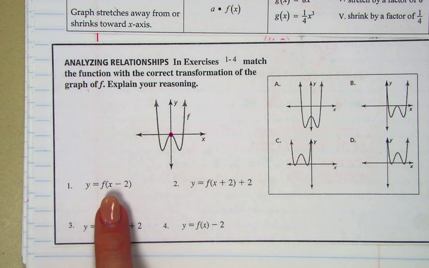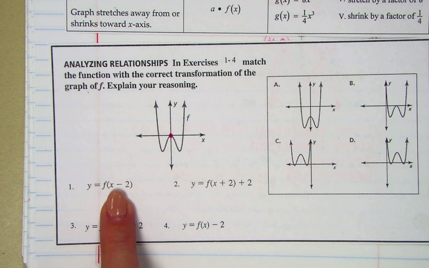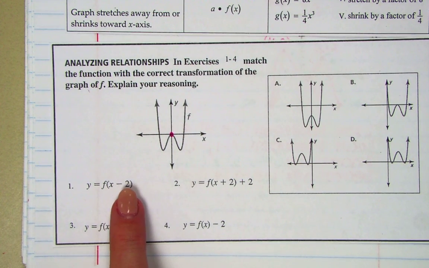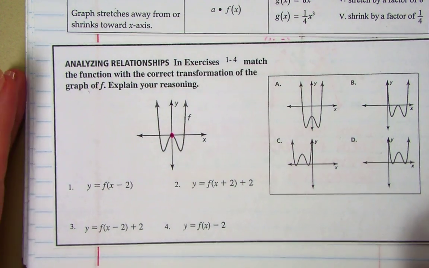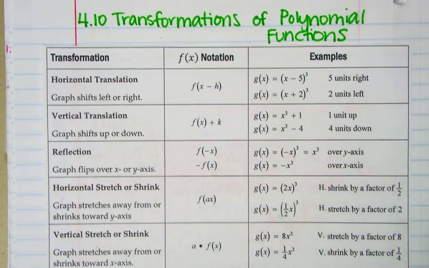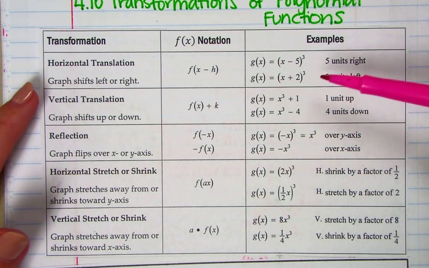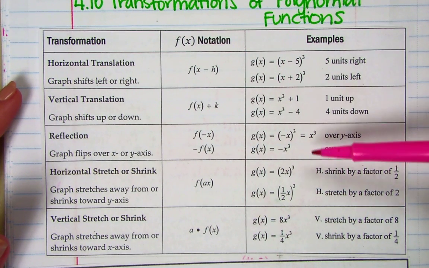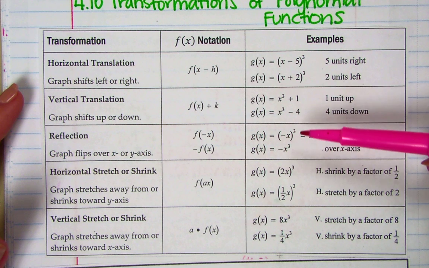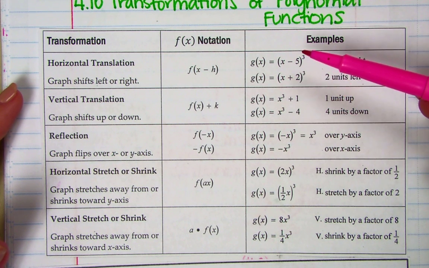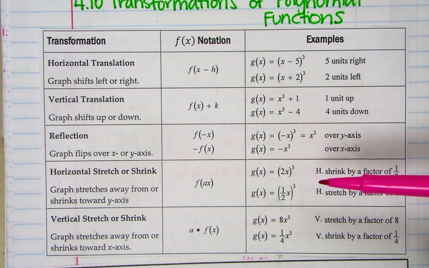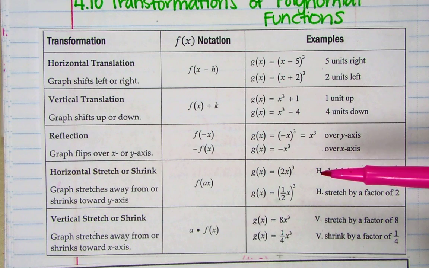But we see here we've got parentheses, inside the parentheses a minus 2. So let's look here. What do they have inside the parentheses, x minus something? Right, what kind of translation did you say, Kayla?